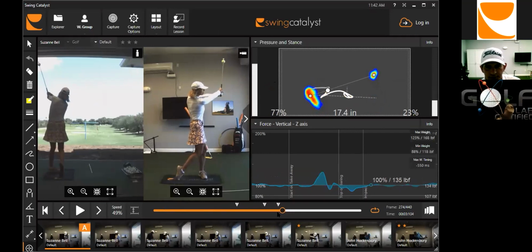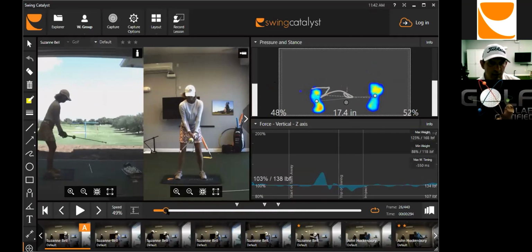So as she's working through each of these things, these were all in the same lesson. She's developing trust, developing a new motor pattern, and we did hardly anything with the golf club.